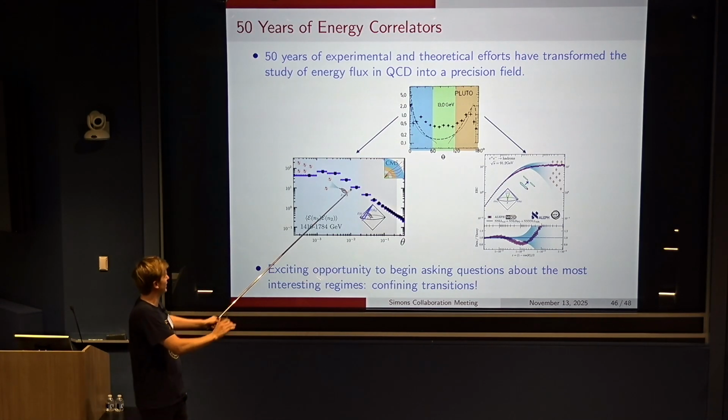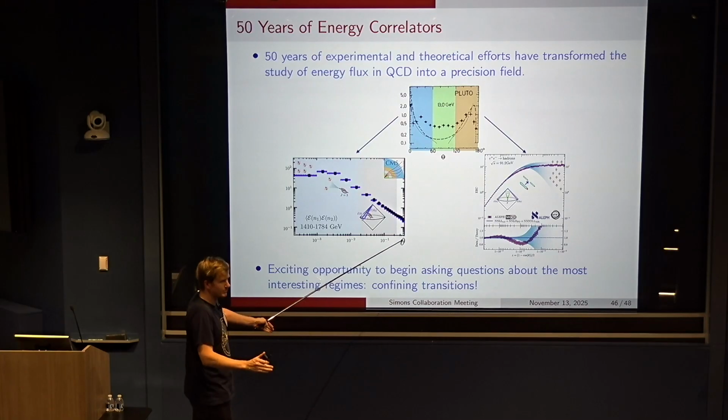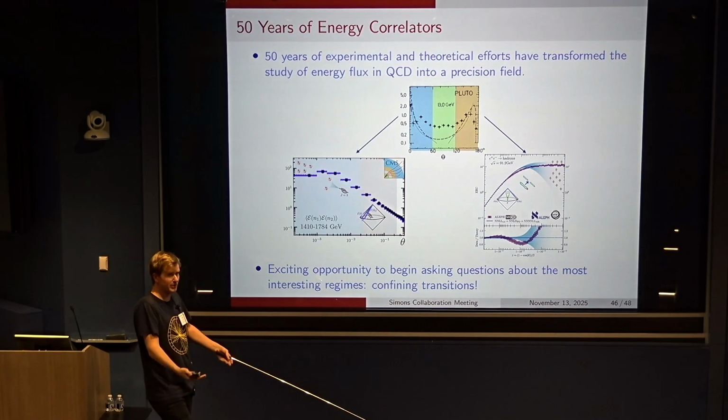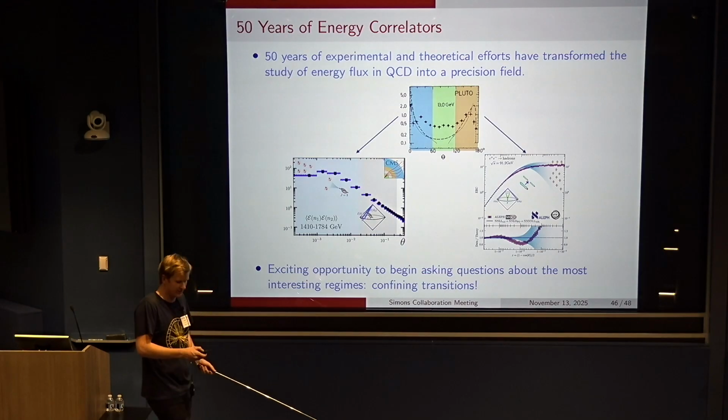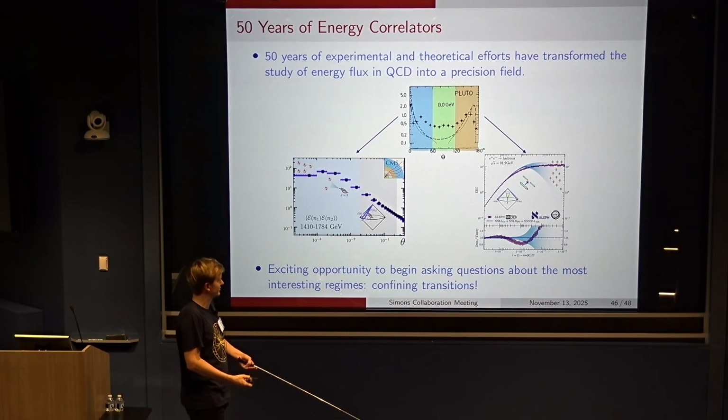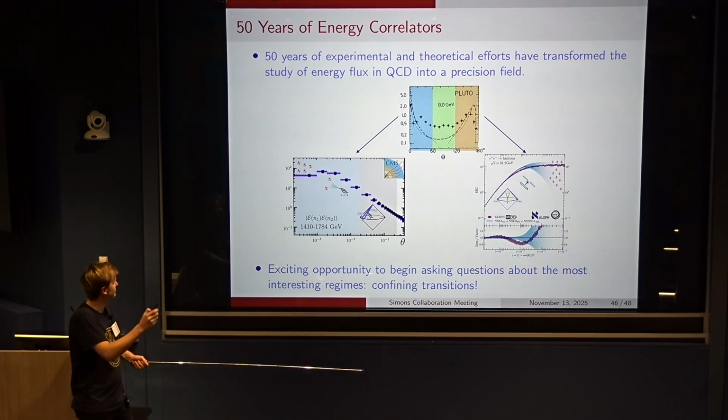So in some sense, we've mastered a large amount of the perturbative description, and so this gives us an exciting opportunity to really begin asking questions about the more interesting regimes, in particular the confining transitions, and trying to make connections with a lot of the nice theory developments made by this collaboration.